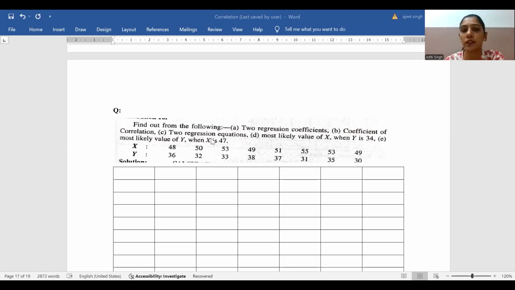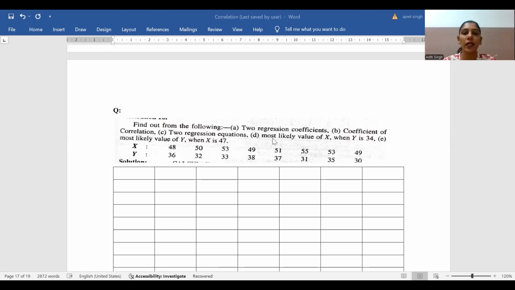First of all, we have to find out the two regression coefficients. Second, we have to find out the coefficient of correlation, which is R.